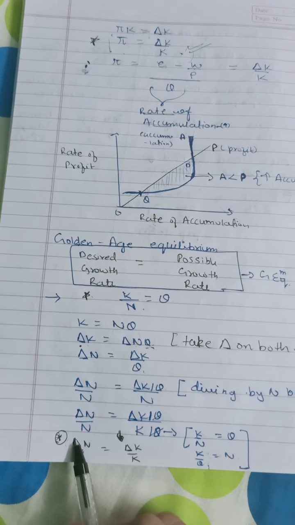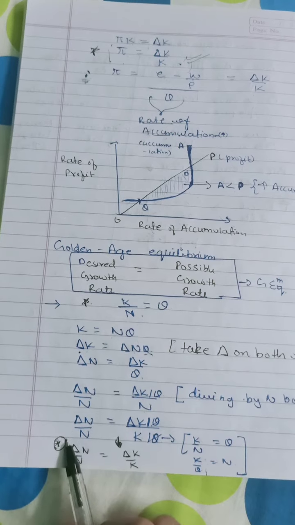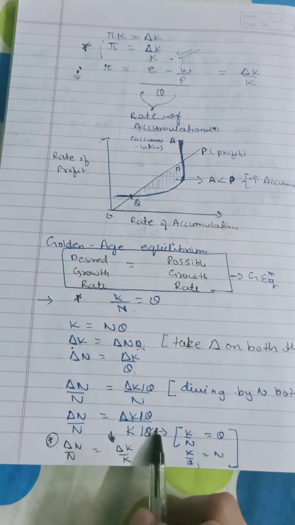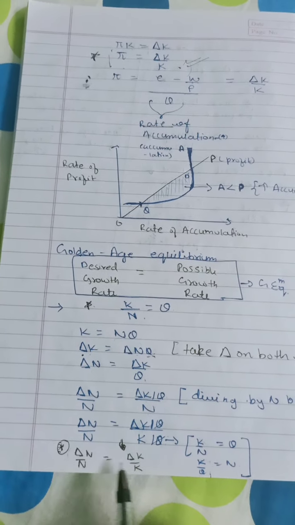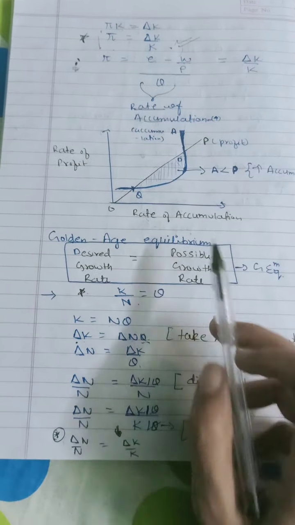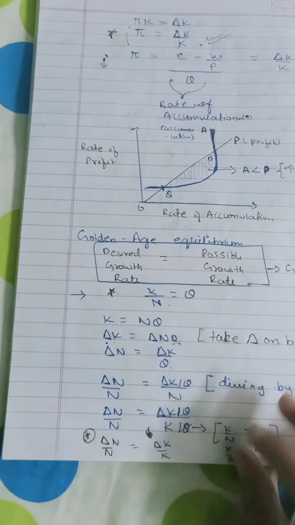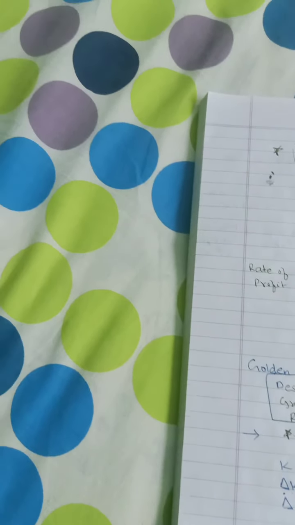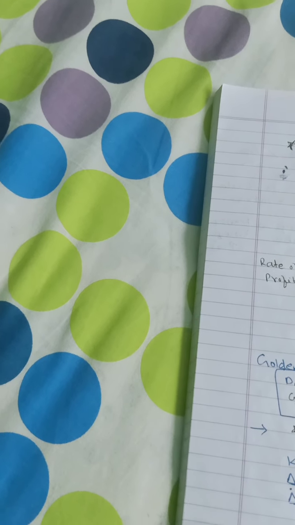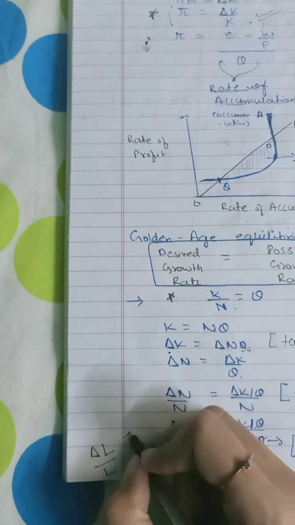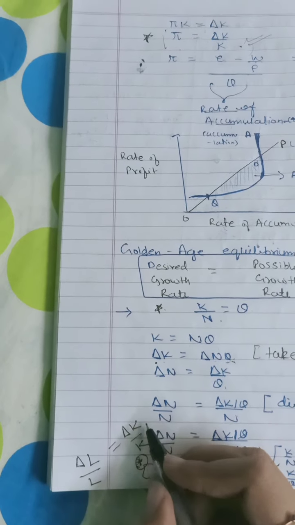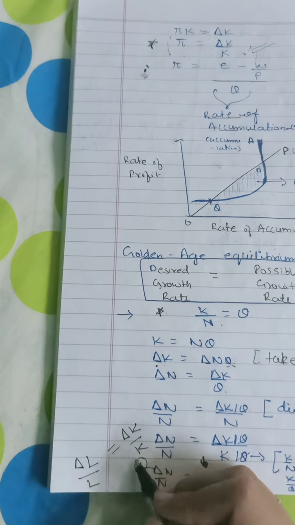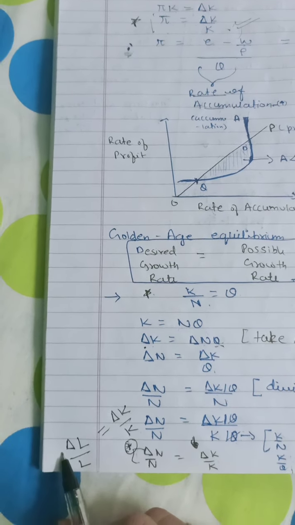Change in labor, this is the change in wage, is equal to the change in K upon K, which is your profit equation. This is how we incorporated the golden age equilibrium, where you can also write change in N as change in L upon L. Change in L upon L must be equal to change in K upon K. Change in K upon K is your profit equation, and this is your wage equation.